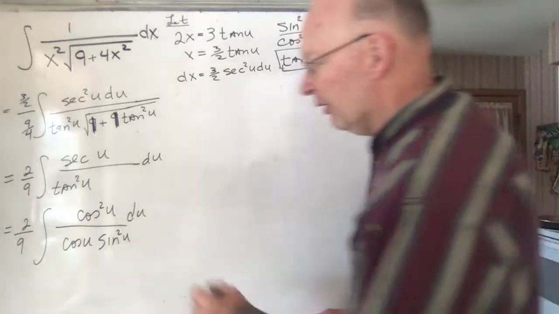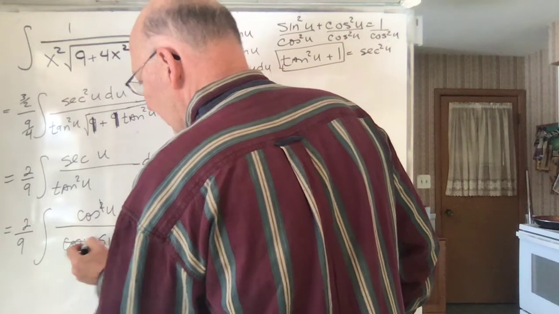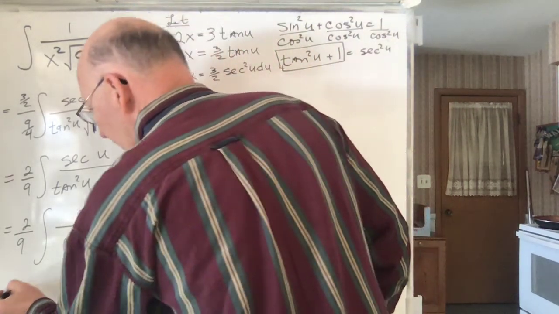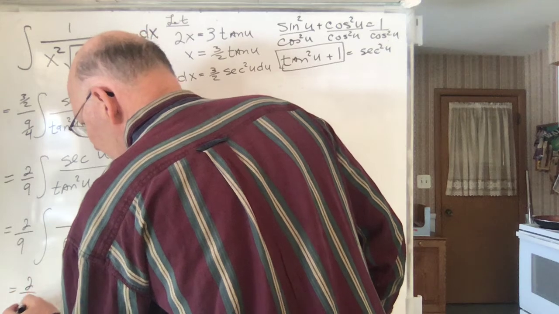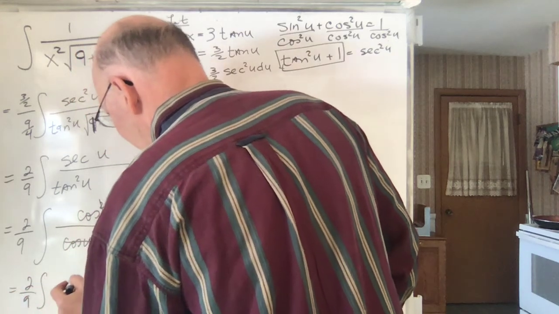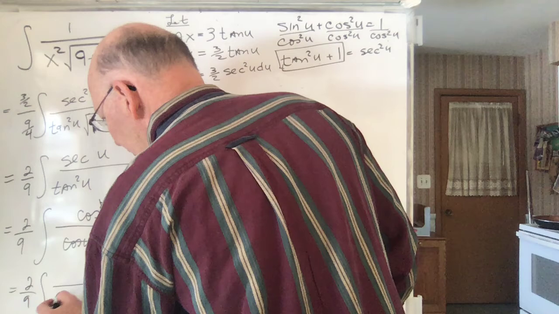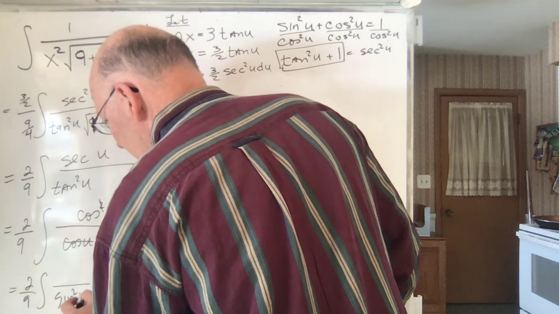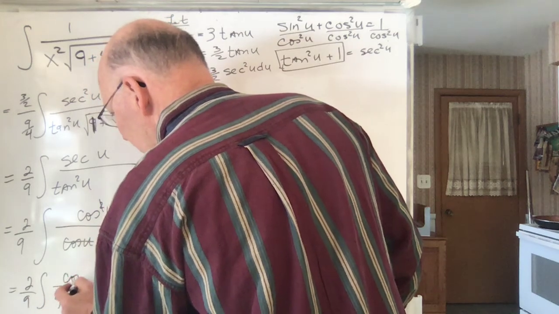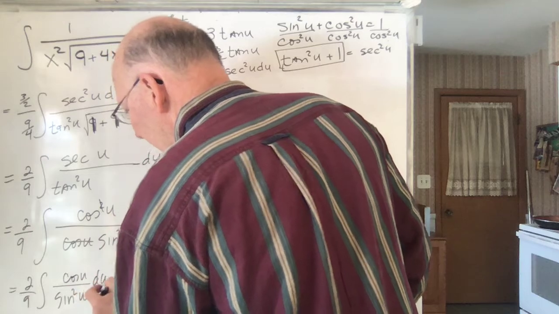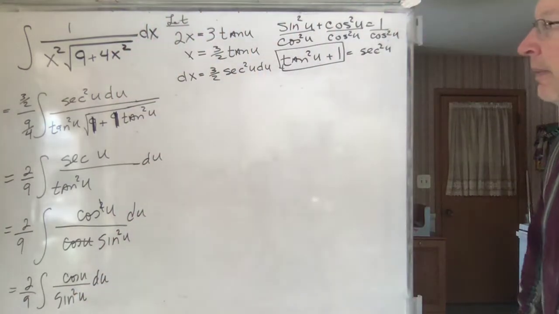And now notice that one of these cancels with this, and I just end up with 2/9 times what? Sine squared on the bottom and a cosine u du up on top. See that?